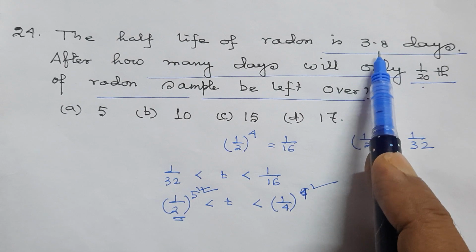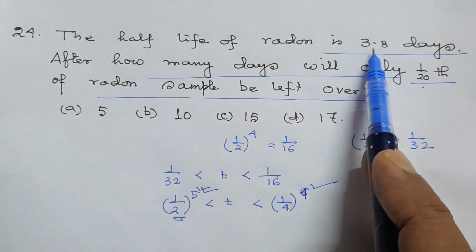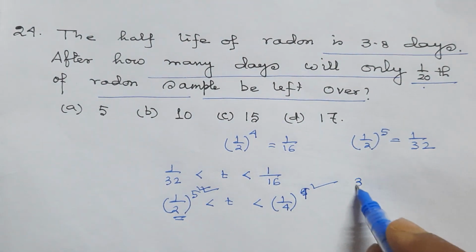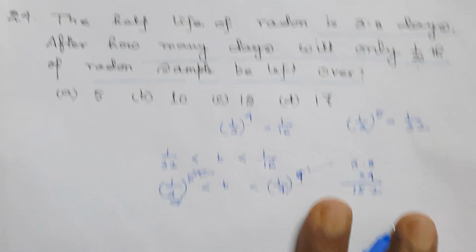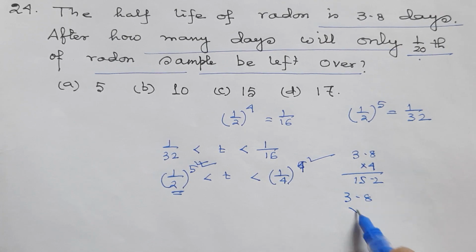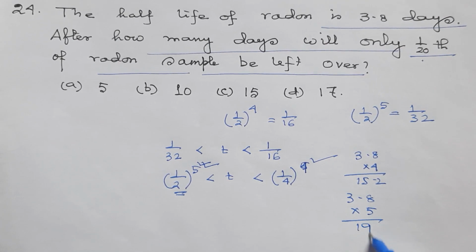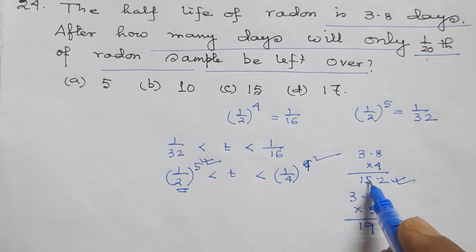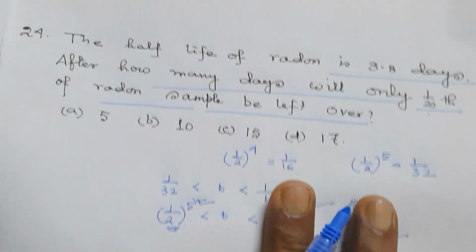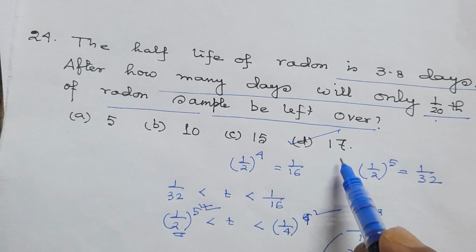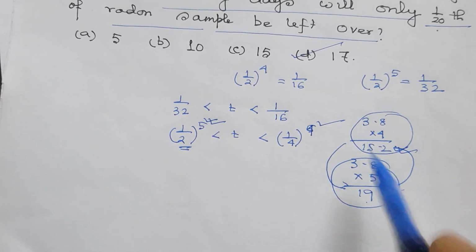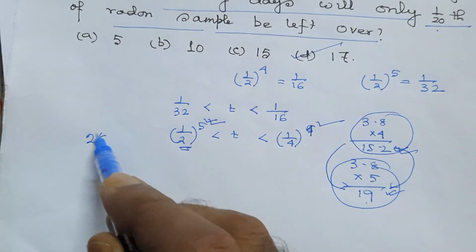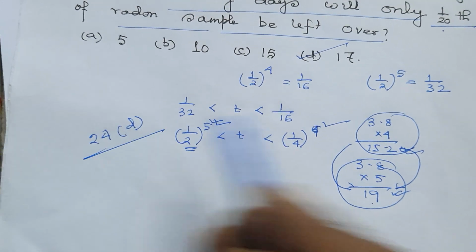One half-life is actually 3.8 days. 4 half-lives gives you 3.8 into 4, that is 15.2 days, and 5 half-lives gives 19 days. So the answer should be in between 15.2 and 19 days. There is only one option within that range, that is more than 15.2 days but less than 19 days, and that is 17. So the correct option to question number 24 is D.